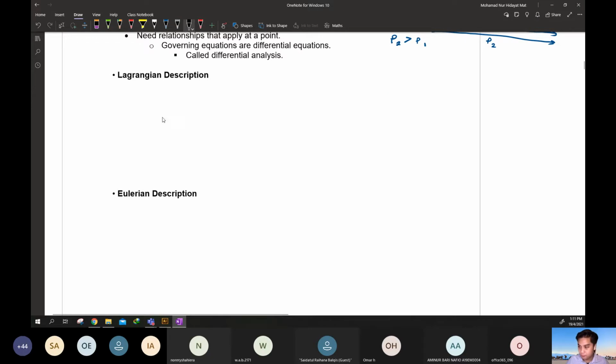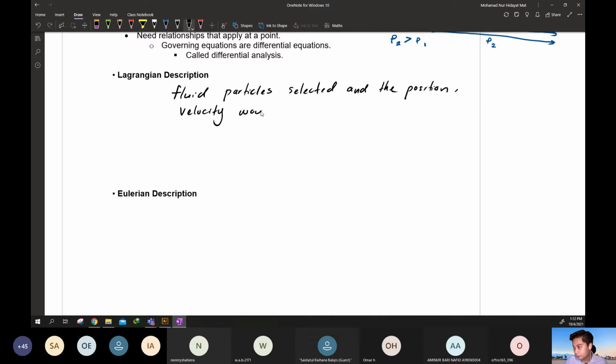Okay, Lagrangian description is where a fluid particle is selected, and the positions and velocity would be functions of time.